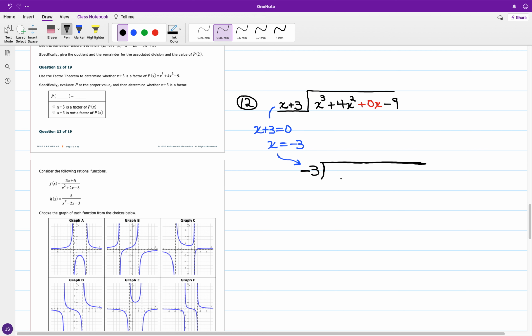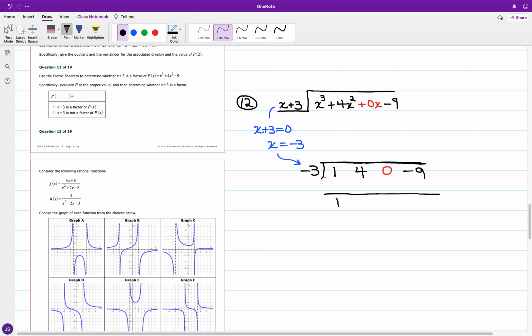So you have the coefficients of the dividend: 1 for x cubed, 4 for x squared, and 0 for the missing x term. And again, we want the dividend to close out with a constant, which we have at negative 9. Initiating the synthetic division, we have the first coefficient, which is 1.